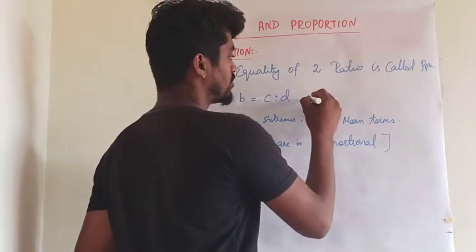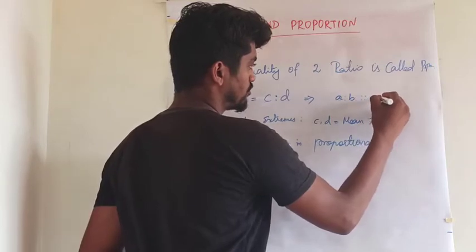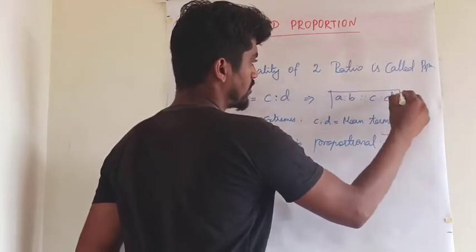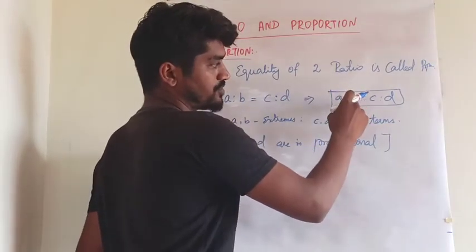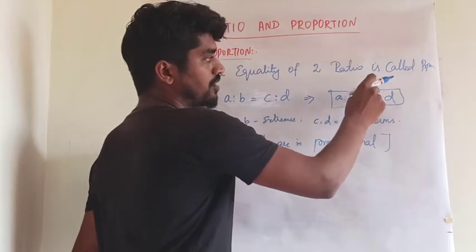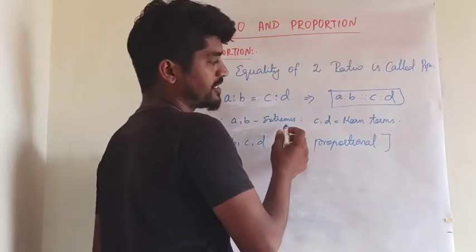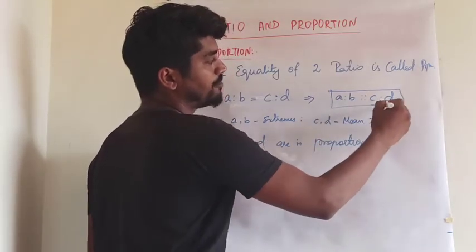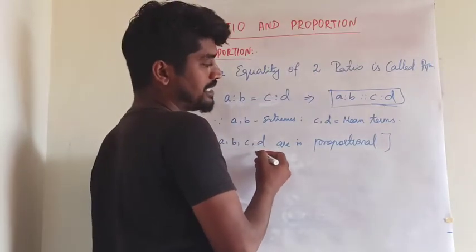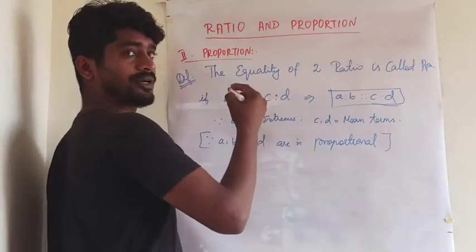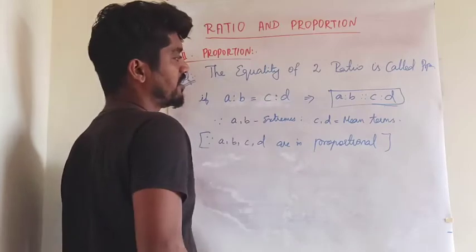It can also be written as A is to B :: C is to D, that is, A is to B equals C is to D. It can also be written as A : B :: C : D, where A and D are extremes, and B and C are mean terms, when A, B, C, D are in proportion. The proportion is nothing but two ratios which are equal.